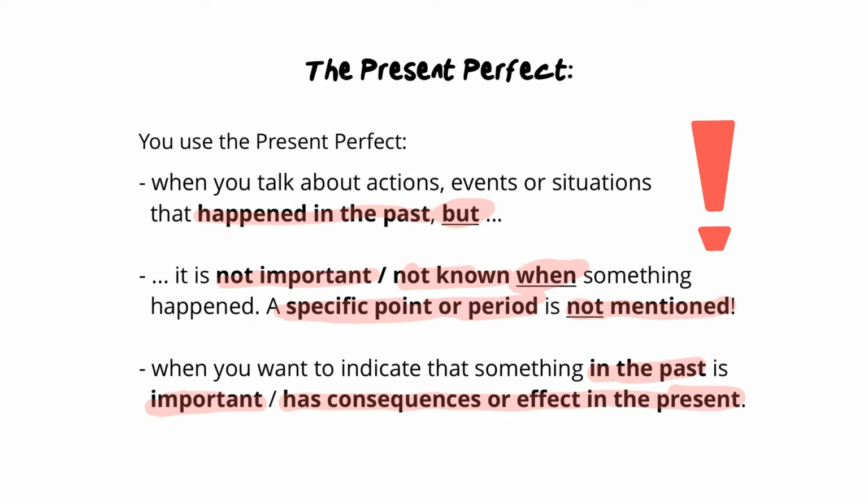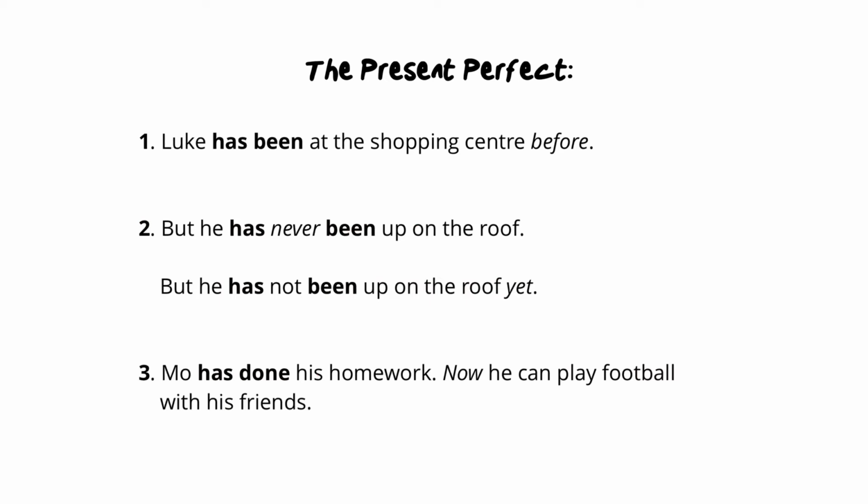Let's have a look at some example sentences. First sentence. Luke has been at the shopping center before. Here, there is no specific point or period mentioned. It is not important, or we simply don't know when Luke has been at the shopping center before.